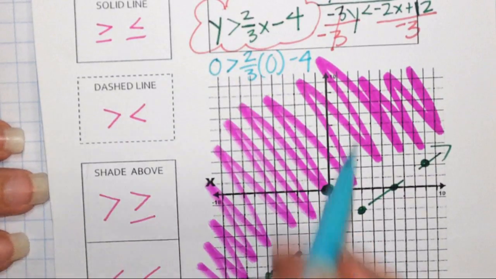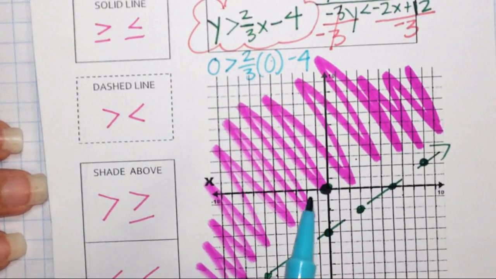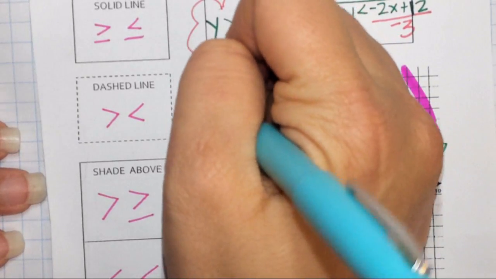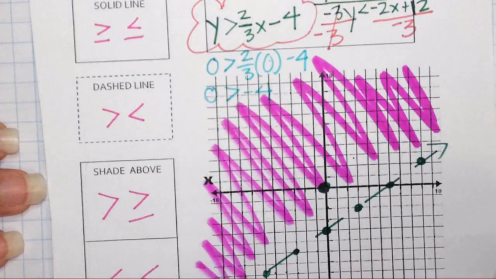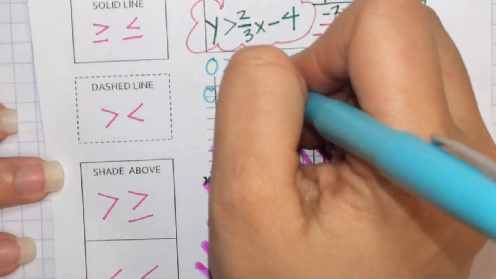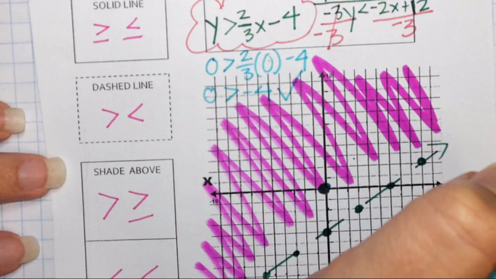Because all I did was plug in my coordinate. Now, what is 0 times 2/3? 0. And what is 0 minus 4? Negative 4. So, is 0 greater than negative 4? Yes. We did it right. That's how you know it's greater than.